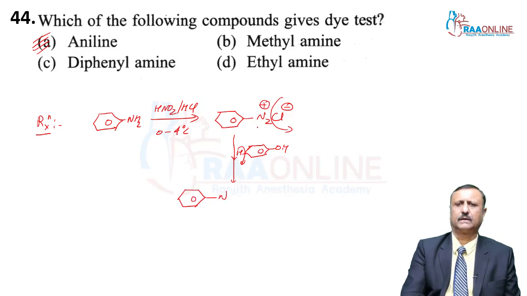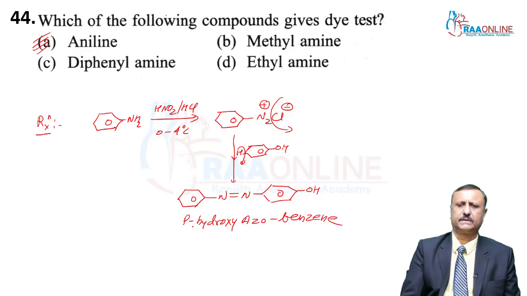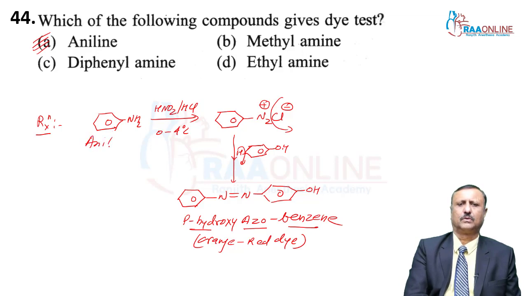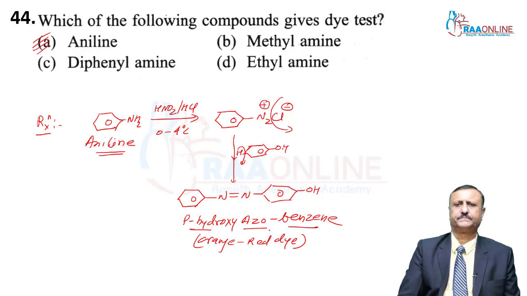This N double bond N, and this is the phenol group, and this is the OH group present at the para position. It is called para hydroxyazobenzene, and my dear students, it is an orange red dye, given by phenol and this aniline. So in this question you can go to option A. This is the reaction and concept.